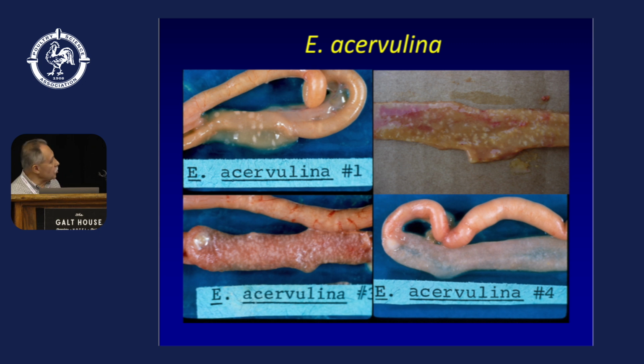So these 3 slides came from the master himself, Dr. Reed. He didn't have a good 2 for some reason, so I put one that I found in the field. So there's your 1, 2, 3, and 4, increasing degrees of severity going from 1 to 4.